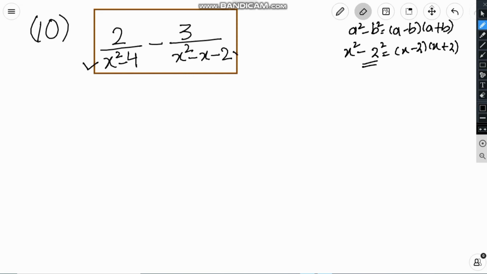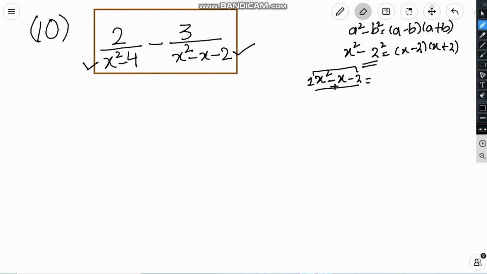Now let's have a look at your second denominator, x square minus x minus 2. So you can make the factors. Just multiply the last number with the first coefficient, that is 1. So you have to find the numbers whose product gives you minus 2 and whose sum gives you minus 1.